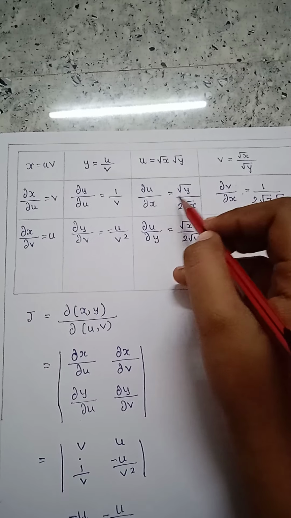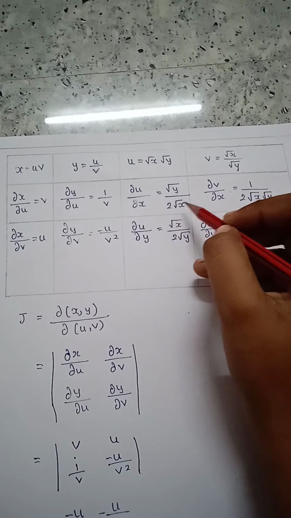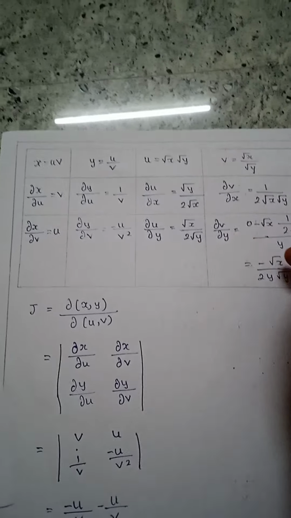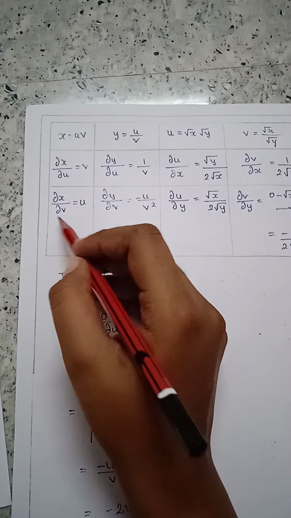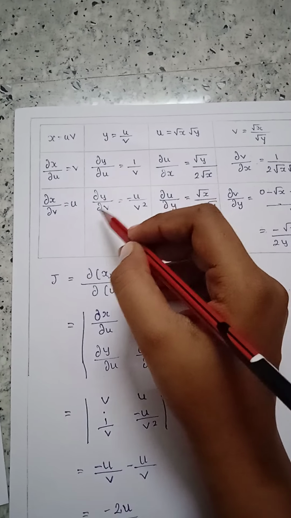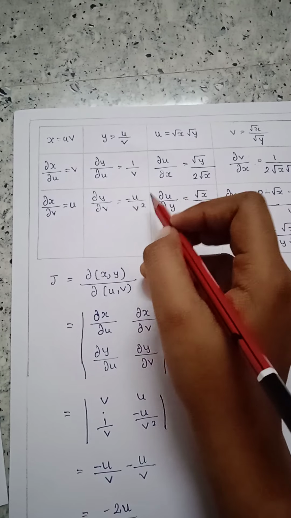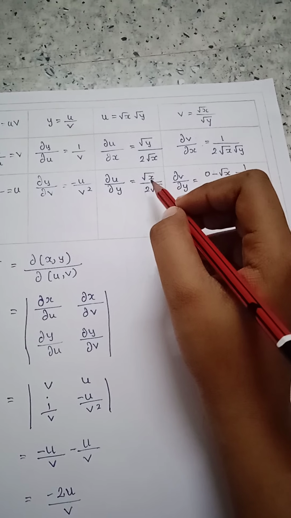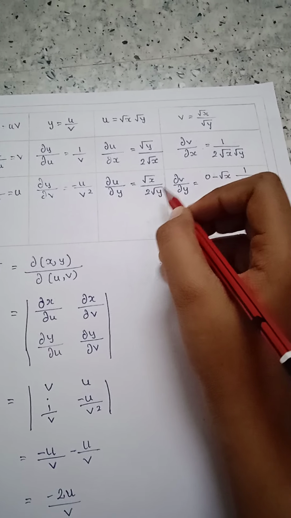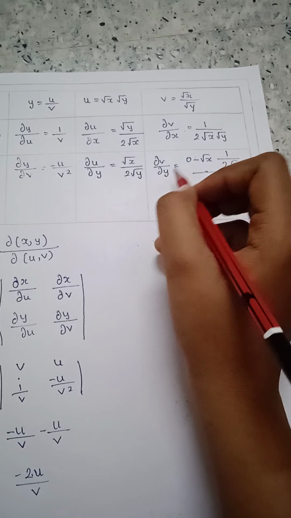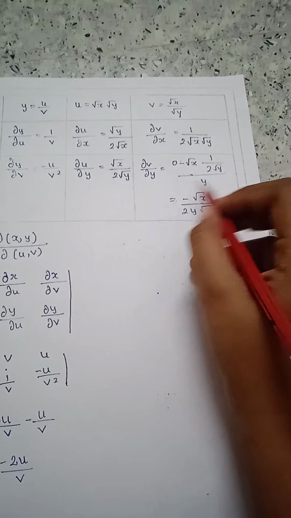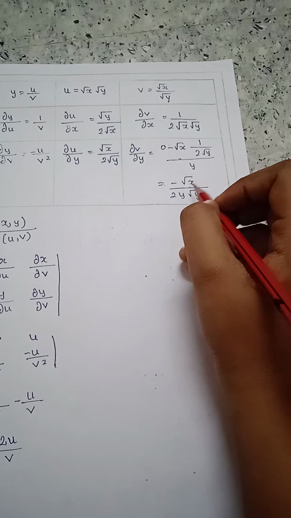Dou u divided by dou x is root y divided by 2 root x, and dou v divided by dou x is 1 divided by 2 root x root y. Dou x divided by dou v is u, and dou y divided by dou v is minus u divided by v square. Dou u divided by dou y is root x divided by 2 root y, and dou v divided by dou y is minus root x times 1 divided by 2 root y divided by y, which is minus root x divided by 2y root y.